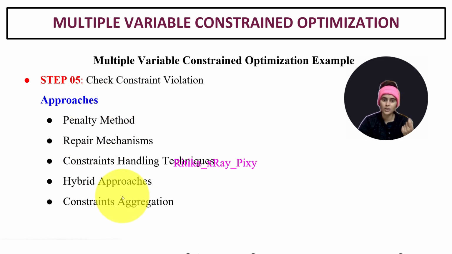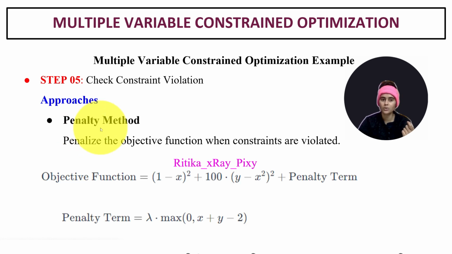Now we can use different approaches to solve this problem. We can use penalty method, repair mechanism, constraint handling techniques, hybrid approaches. If you want to use the penalty method, here you have to penalize the objective function when constraints are violated.